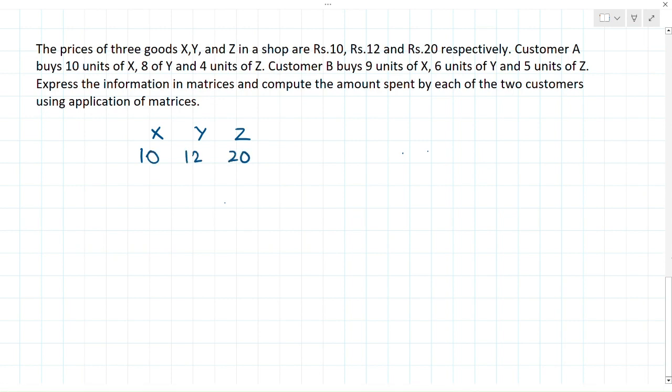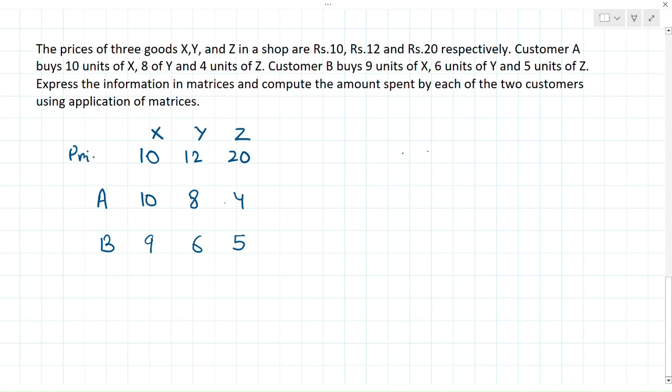Along with this, the second part of the question is saying that customer A buys 10 units of X, 8 units of Y and 4 units of Z. Similarly, customer B buys 9 units of X, 6 units of Y and 5 units of Z.